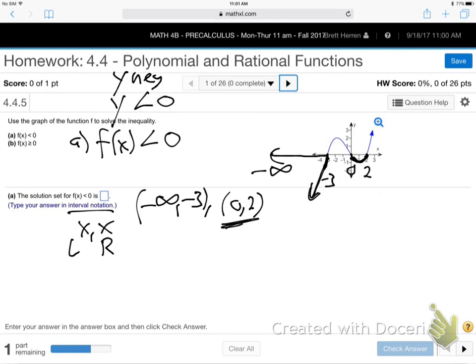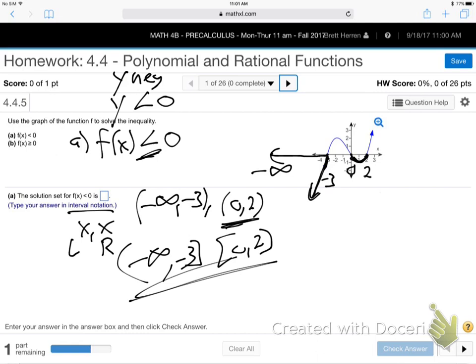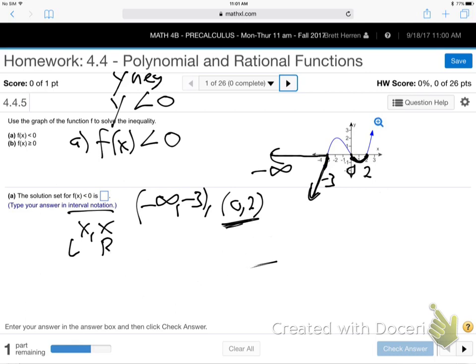Does that make sense? If they have an equal bar here, then you'll have brackets here, and at the negative 3 as well. Never on the infinity, right? Because you can never be right on infinity. So that would be the answer if they said less than or equal to, because then you would include the points right on. But they said less than, no bar, so we have no brackets.